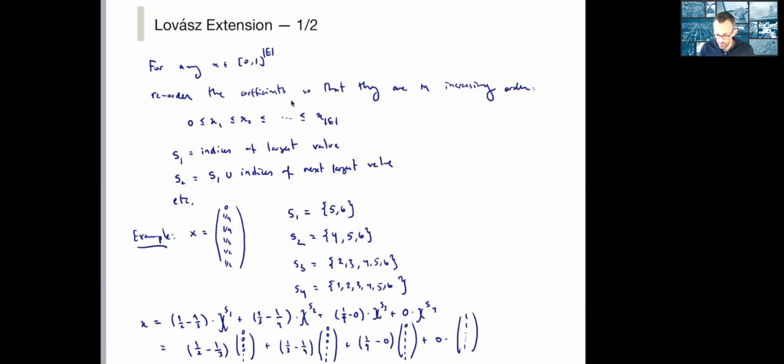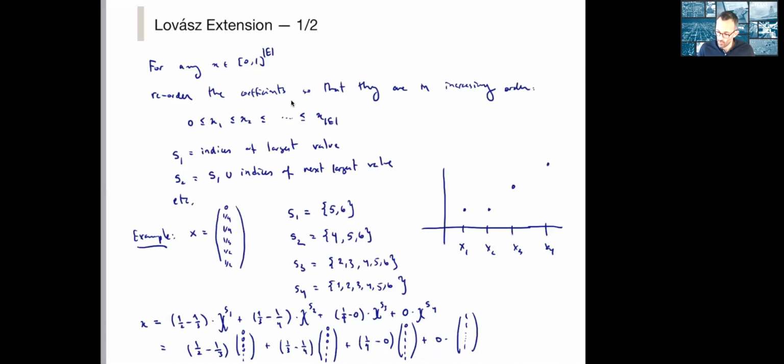And hopefully it's clear that we can always write this. So you can also see this basically graphically. If I'm plotting here the values of x1, x2, x3, x4, these are increasing.